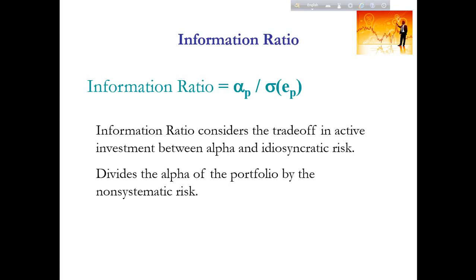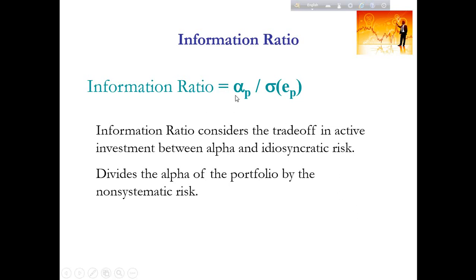So the benefit of active investment is the ability to generate alpha, but the problem with active investment is that you may become less than perfectly diversified. A perfectly diversified portfolio is holding the market portfolio. Hence, through active investment, you are exposing yourself to unsystematic risk. So the information ratio trades off the benefit and cost of active investing.